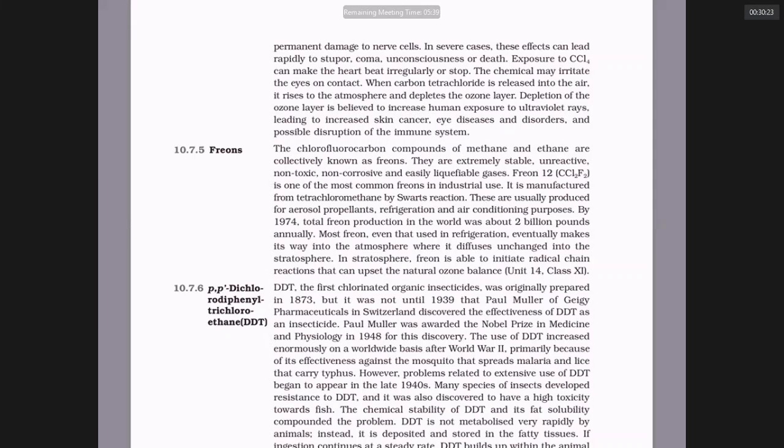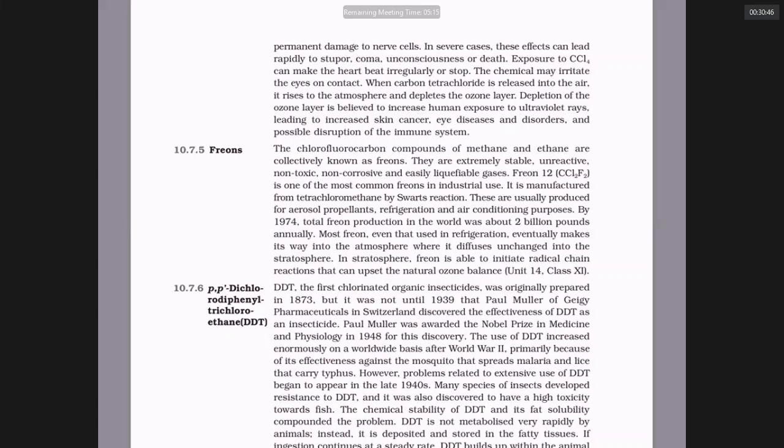Can you say what is freon 1, 2, 1? What is freon 1 2 1, sir? Freon 1 2 1 means, in the nomenclature, the first digit indicates the number of carbons minus 1.